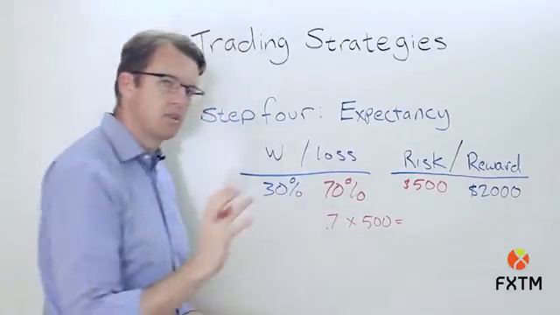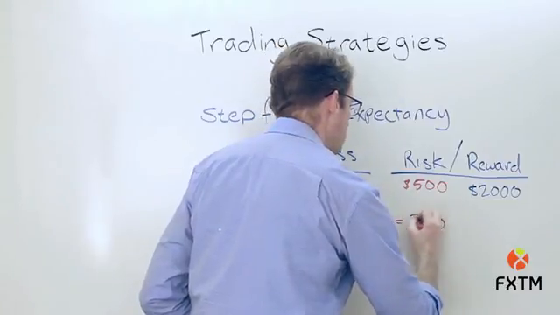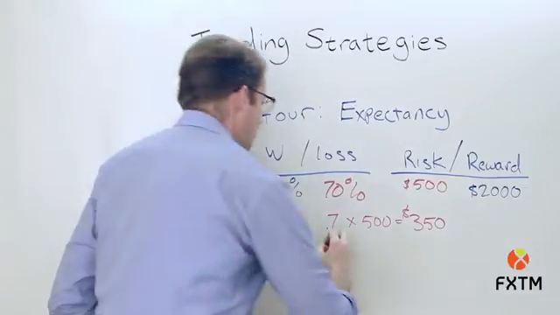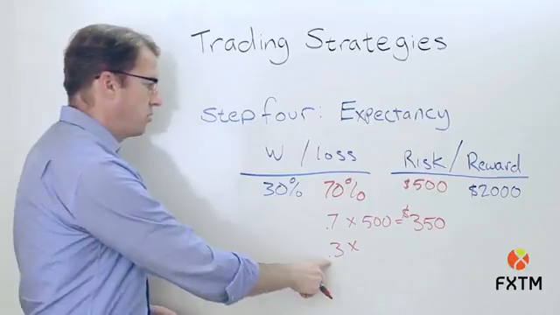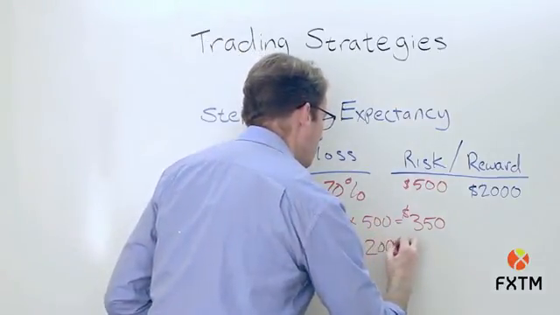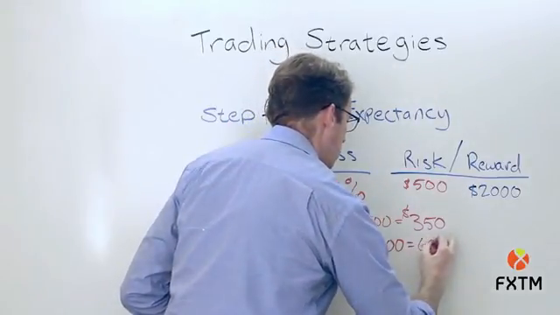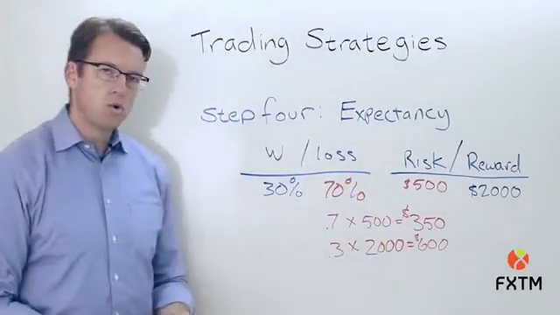So on any given trade, we think on average that's going to lose $350, weighting this and assuming that the other 30% are winners. Now in a given trade, the winners: we're going to multiply 0.3 for 30% times 2,000, which equals $600.